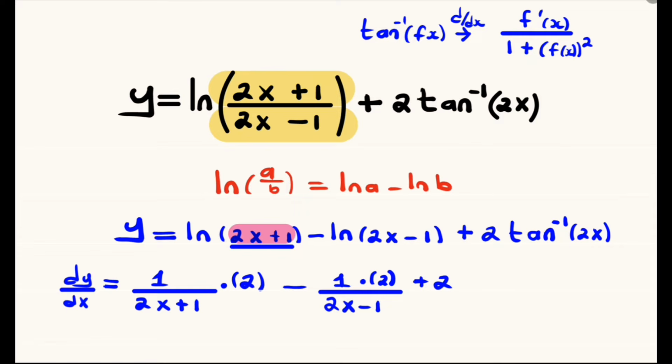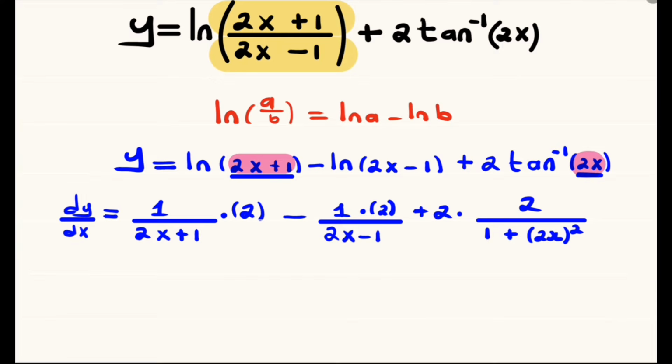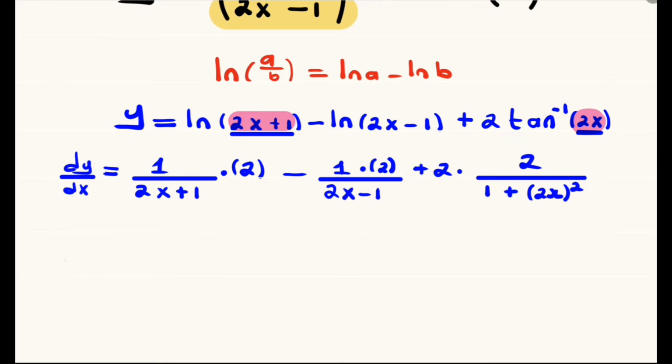In the same way, the 2x will be our f of x. In the denominator we are going to have 1 plus (2x) squared, and in the numerator the derivative of that 2x, which is equal to 2. We simplify.